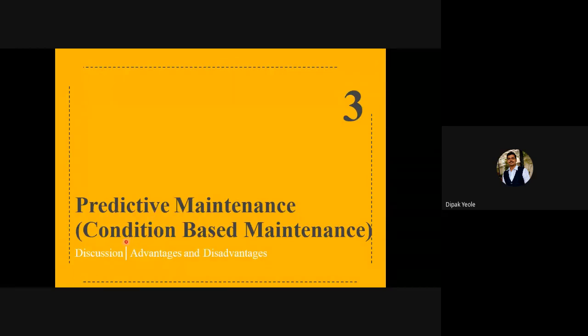In some books they use this word as condition based maintenance, CBM. Yes. This short form you have to remember, and you have to remember this other name also. So in both ways the question will be asked: discuss the condition based maintenance or discuss the predictive maintenance.